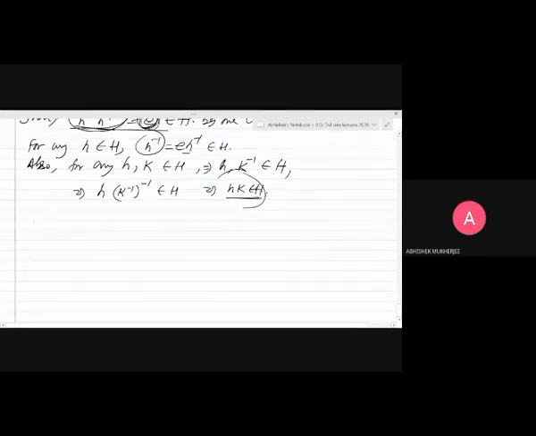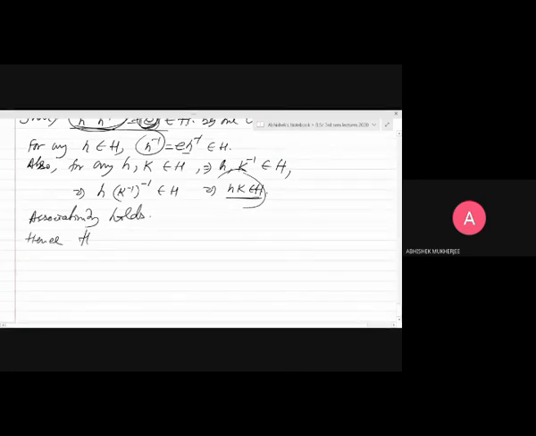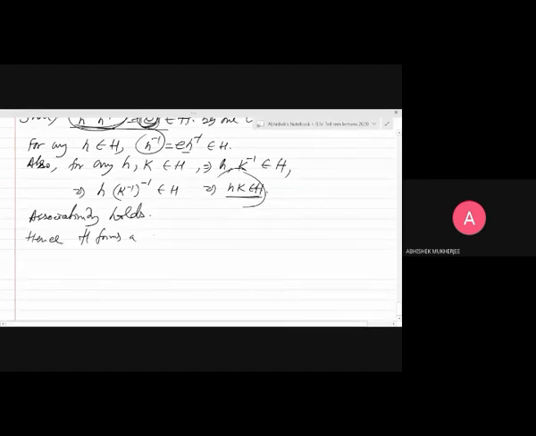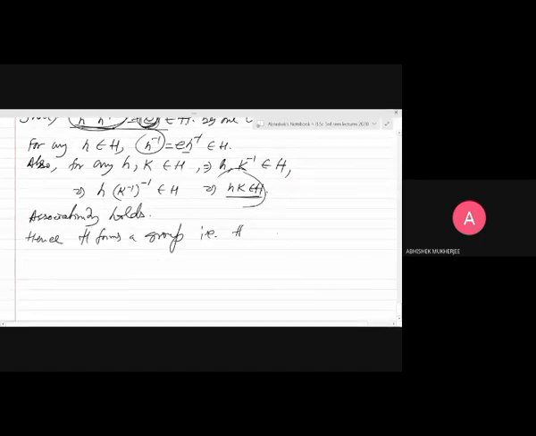So associativity holds easily. Hence H forms a group actually. That is, H is a subgroup.